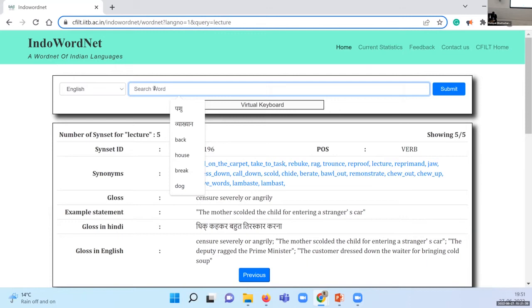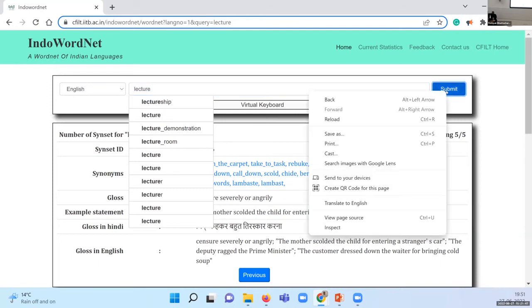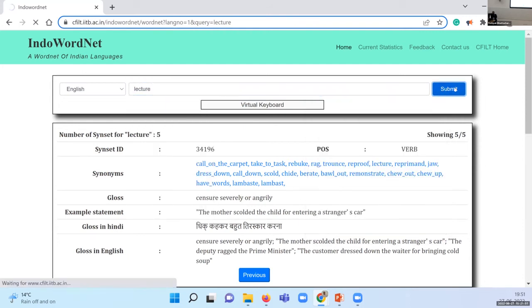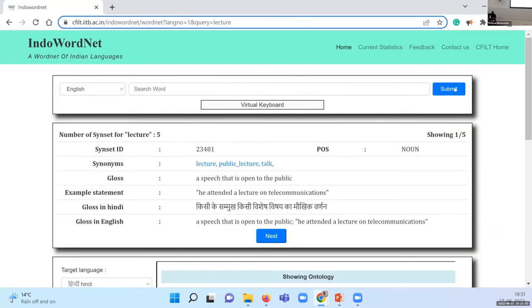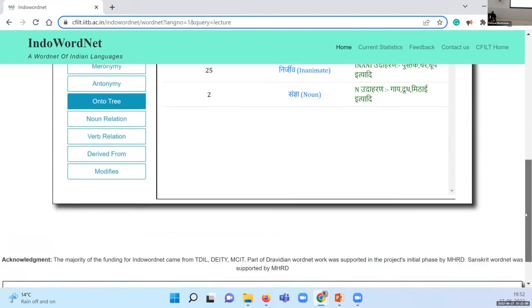Yeah. So suppose we take the word lecture. This is in English. And lecture has 5 senses. The first sense is something which is familiar to us, a speech that is given to the public. And I can see it in a multilingual framework.